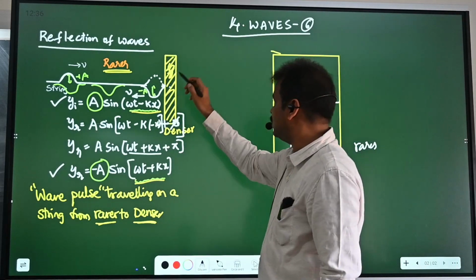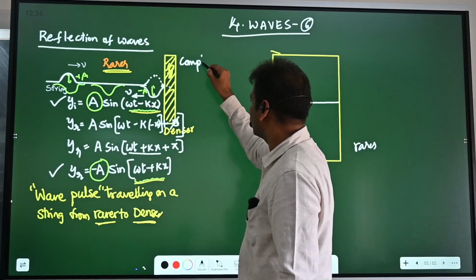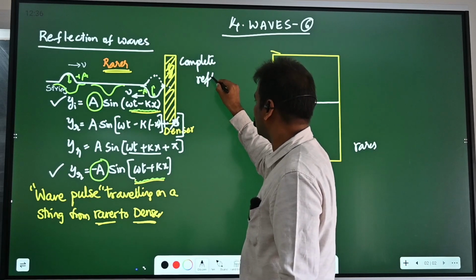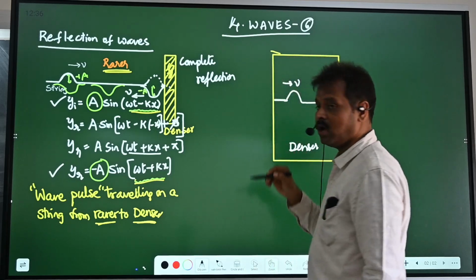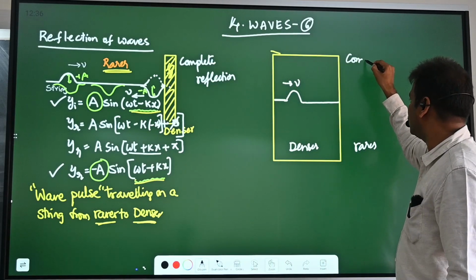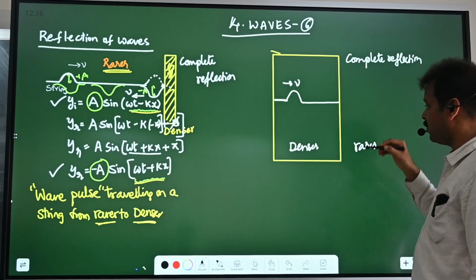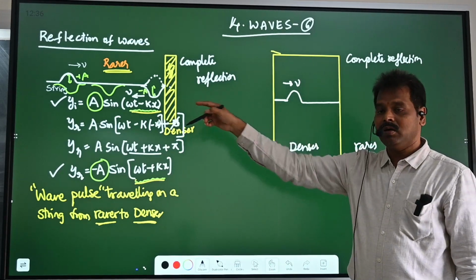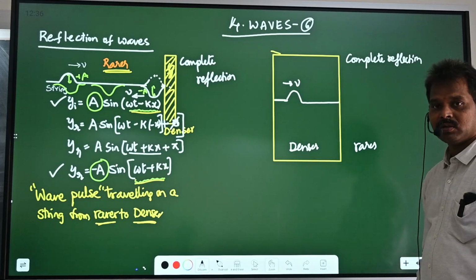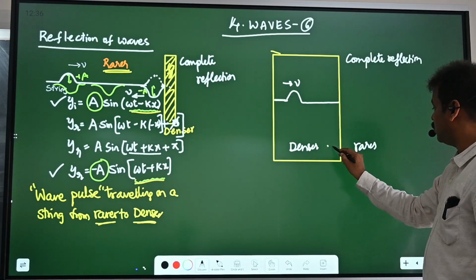If the pulse is not entering into the rarer medium, complete reflection. Here also complete reflection. It is not entering into the rarer medium, nor into the denser medium. Then what happens from denser to rarer?